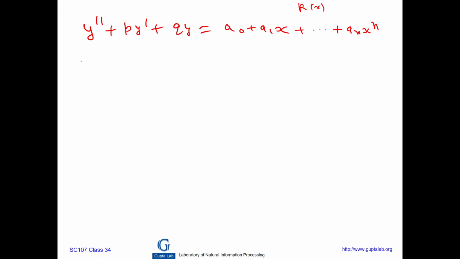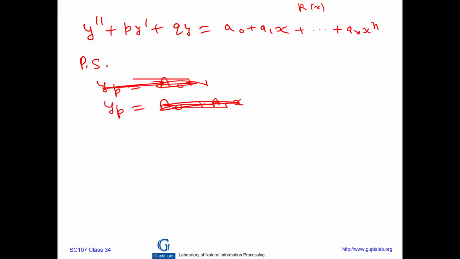So we seek particular solution of the form yp is equal to a naught plus a1x plus ... plus an x raised power n.